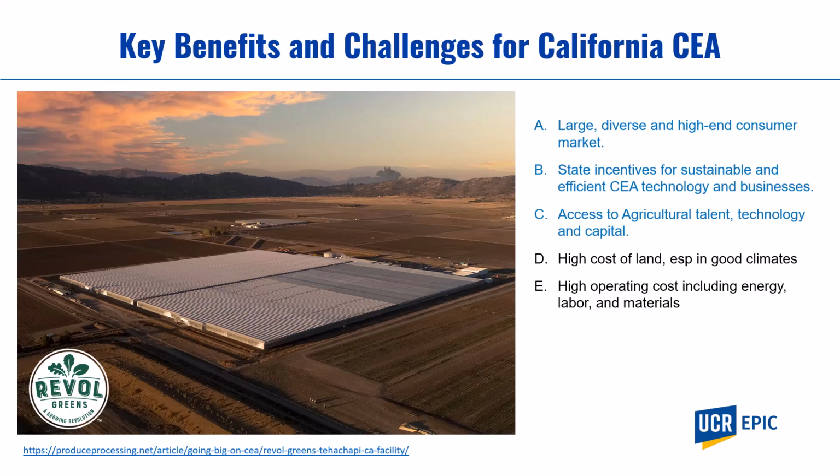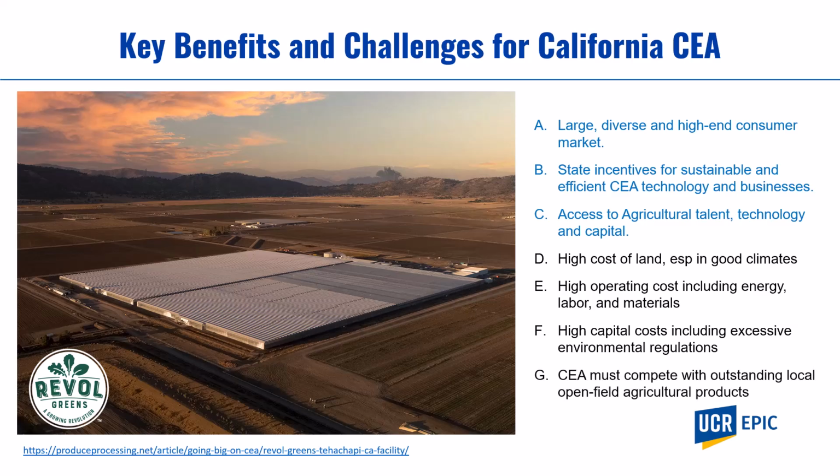The operating cost is high as well. We have high energy costs, high labor costs, and high material costs. Those are all things you need to consider when doing business in the state of California. And then the initial construction costs or the capital costs to build can be high. Materials and environmental regulations add additional burden onto the capital costs of building a facility.